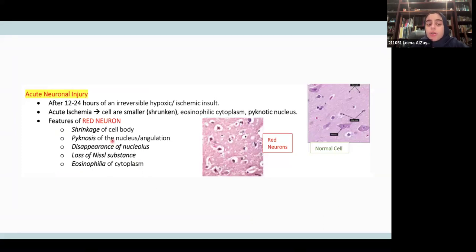And about the red neuron, after 12 to 24 hours of irreversible hypoxic or ischemic death, you will have red neurons, which shrink the cell body, have pyknosis of the nucleus, disappearance of the nucleolus, loss of nuclear substance, and eosinophilia of the cytoplasm. You can see this is a normal pyramidal cell, and this is a red neuron after 12 to 24 hours.